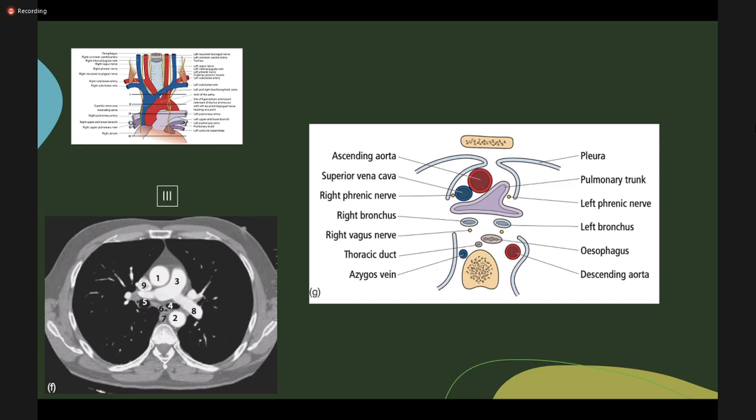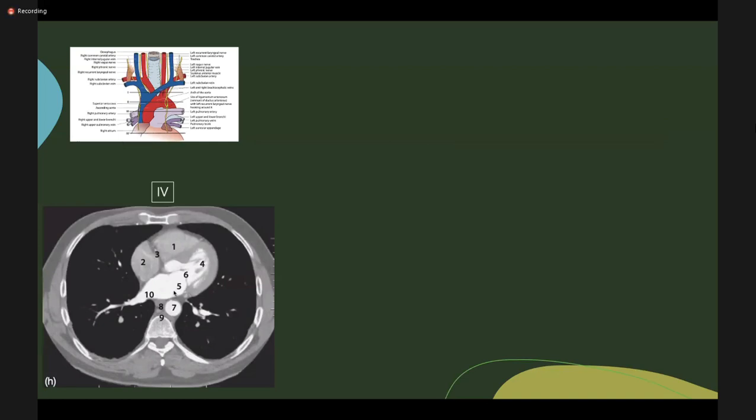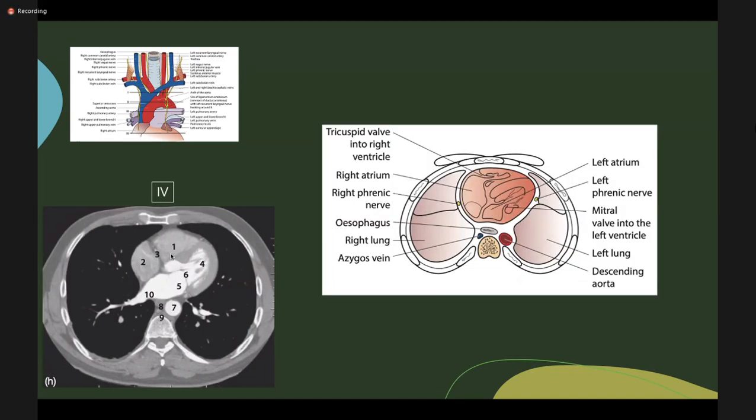So for that, we need to go down. When we go down to level 4, where is level 4 in this image? So you're looking at level 4, and there you go. Now the heart starts emerging in this image. Let's see it further. Now you can see here the heart, and the two lungs enclosed in their pleura.